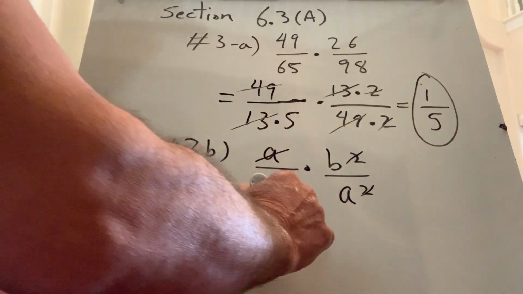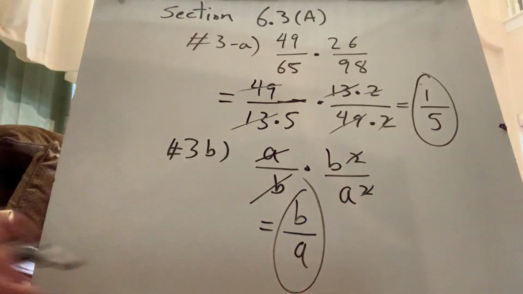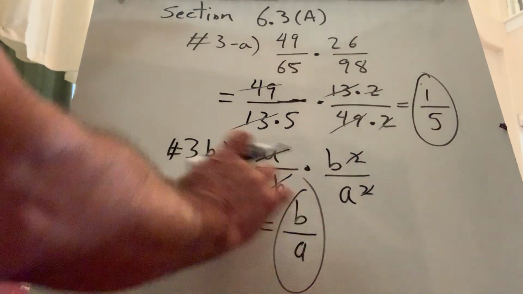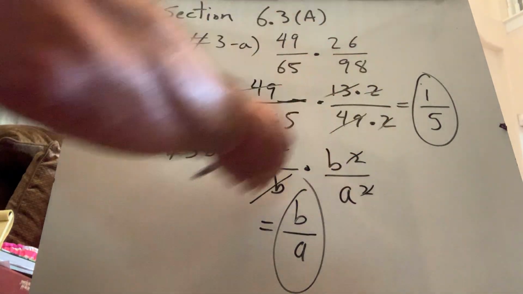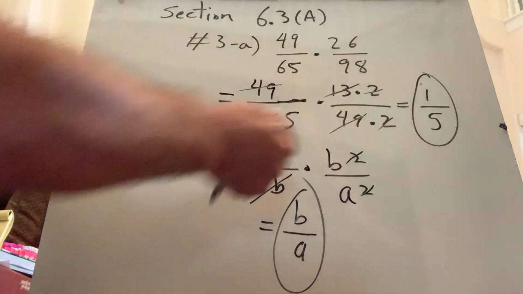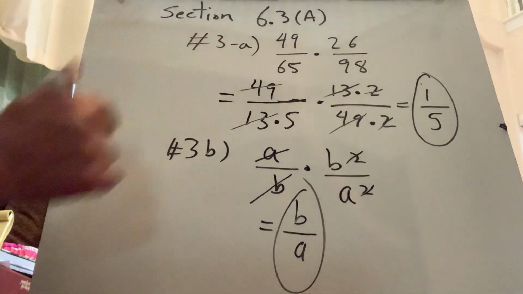On the top, you're left with B. On the bottom, you're left with only a factor of A. So at the end of the day, B over A is the reduced form of this product. It's the same concept as here, except here you're canceling common factors in variables or letters, and here you're dealing with numbers.